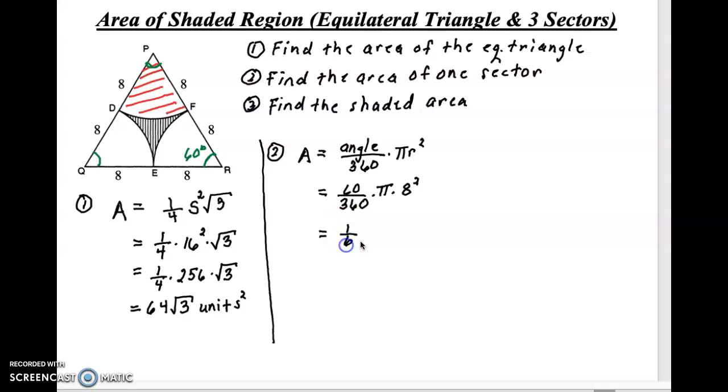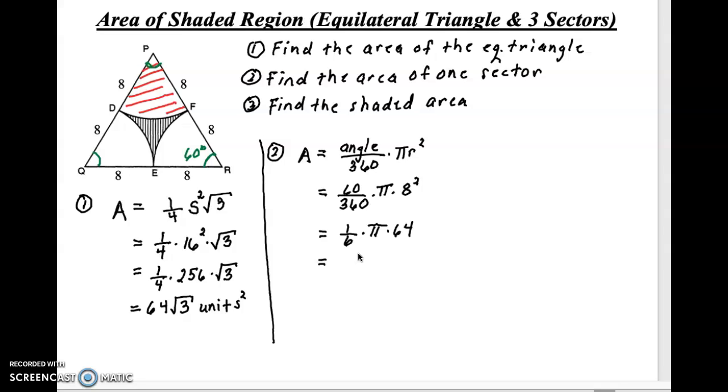So 1/6 times pi, and 8 squared is 64. Now, when we do 1/6 of 64, because we're going to keep this in terms of pi, if we do 1 divided by 6 and times it by 64, we're going to get 10.66666 repeated.